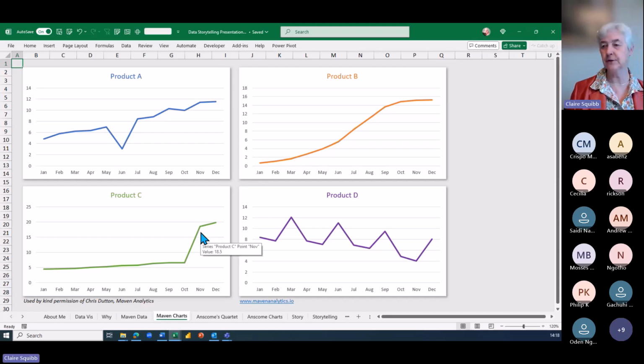Maybe that was some sort of sales promotion. And product D is overall going down, but there are spikes in March, June, September, and December, which is possibly some sort of quarterly seasonal thing going on. So completely different profiles for the different sets of sales.